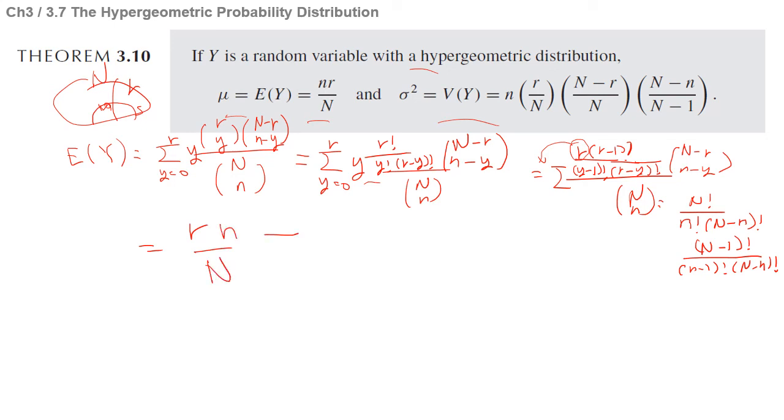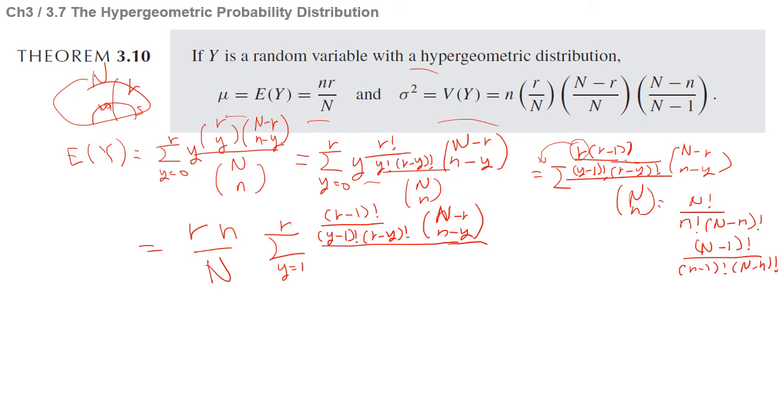And inside the summation, if y equals 0, then the inside part is 0, so we can write it as y equals 1 to r, and here we have r minus 1 factorial over y minus 1 factorial times r minus y factorial, and here N minus r choose n minus y, and here we have N minus 1 choose n minus 1.